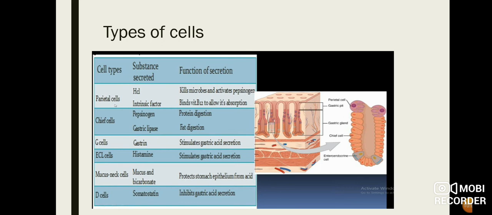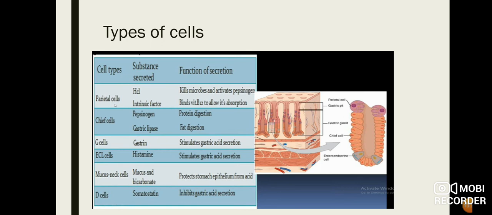The fifth one is mucous neck cells. The two substances secreted by the mucous neck cells are mucus and bicarbonate. Mucus and bicarbonate help protect the stomach epithelium from acid.